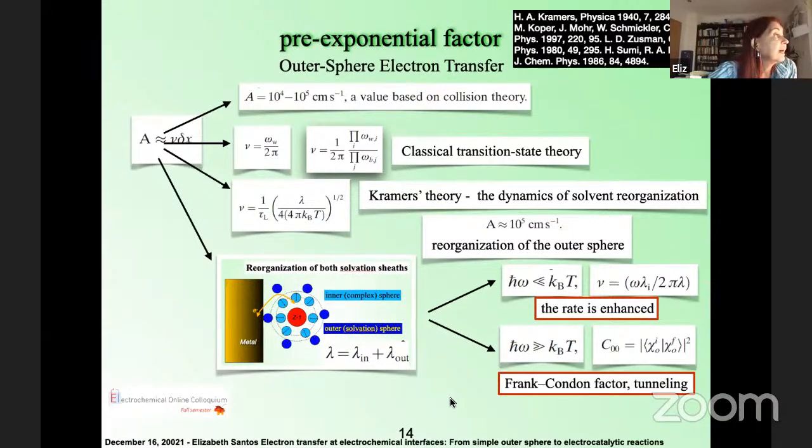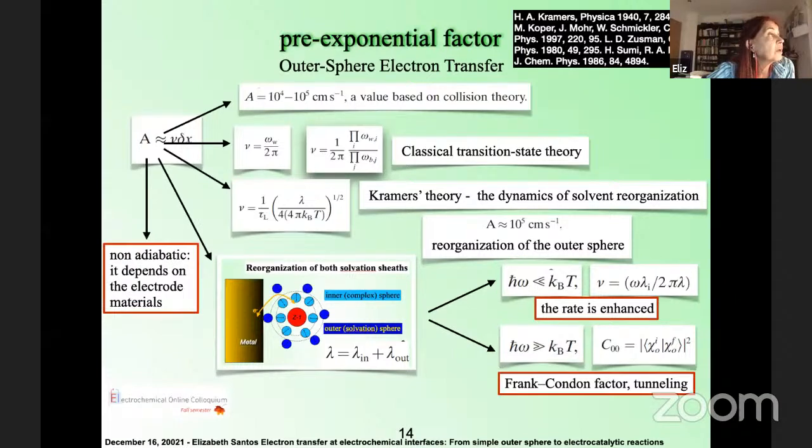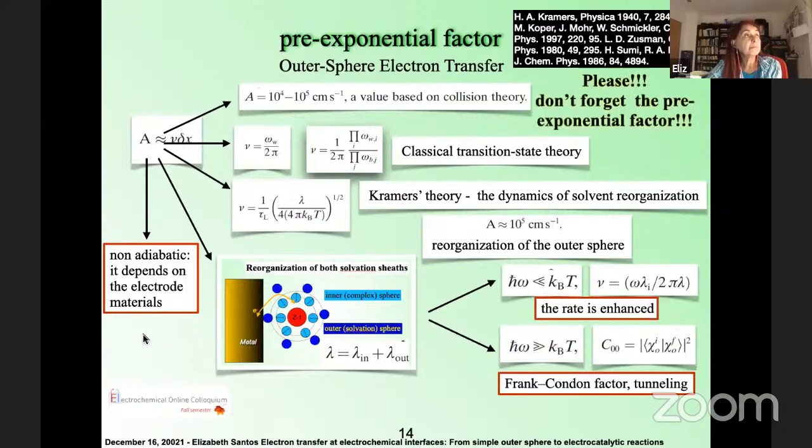Another thing to take into account for the pre-exponential factor is the case of non-adiabatic reactions. We shall see what non-adiabatic reactions are. This factor depends on the electrode materials, not only on the dynamics of the solvent. Then, summarizing, please don't forget the pre-exponential factor. We must not analyze only the activation energy, but also the pre-exponential factor.